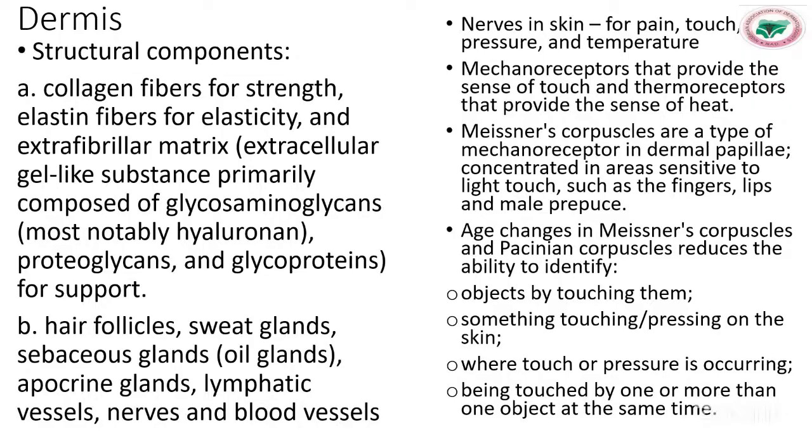The ability to sense something touching or pressing on the skin might reduce. There's also a reduction in sensing where touch or pressure is occurring, and in sensing how many things are touching someone at the same time. So we should note that aging can affect all these things in the skin.